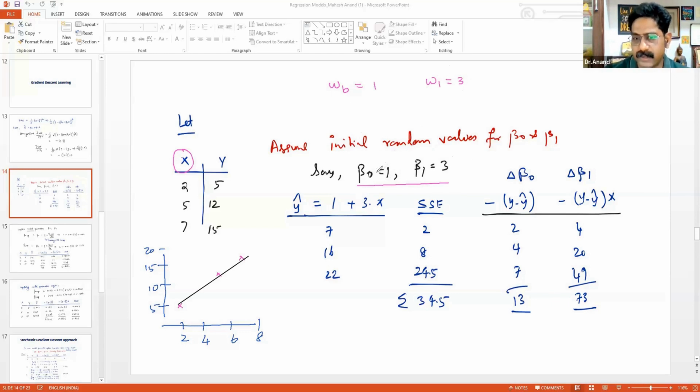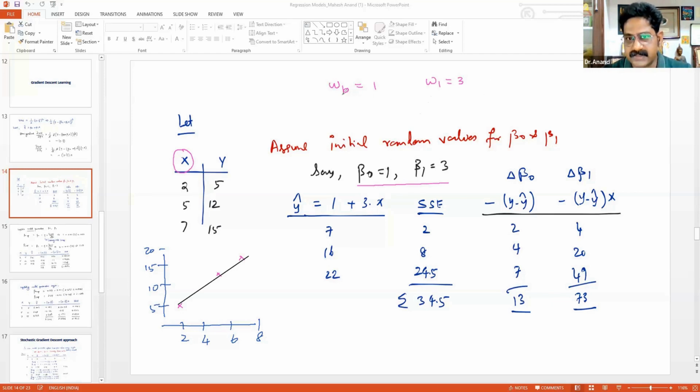But it's worth doing as a handwork calculation. Instead of these initial values, you can start with others, but finally you will appreciate that irrespective of my initial weight values, your end result, how the error gets converged, is the beauty of this gradient descent learning.